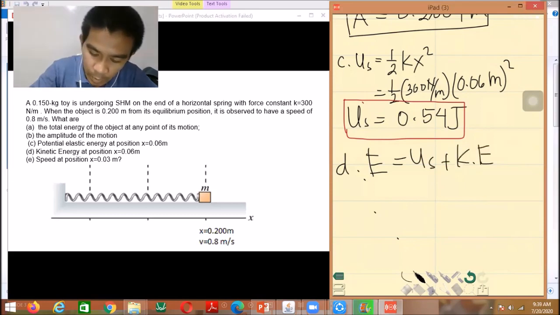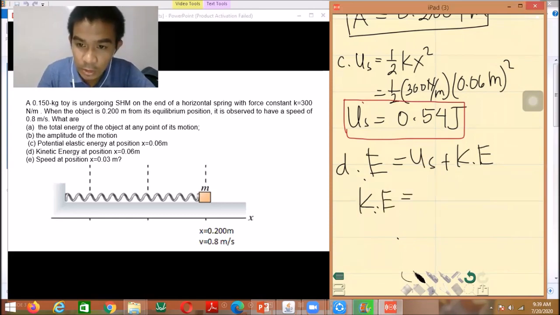So kinetic energy equals the total mechanical energy minus the elastic potential energy Us.